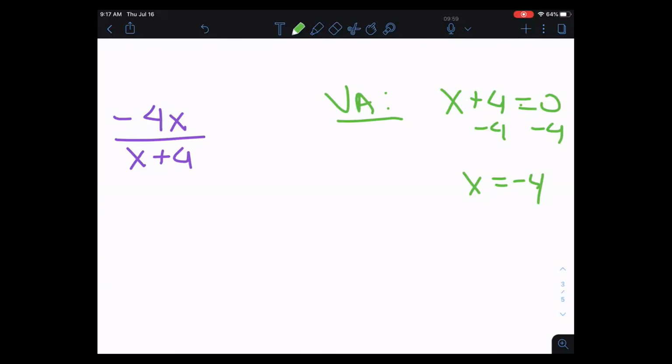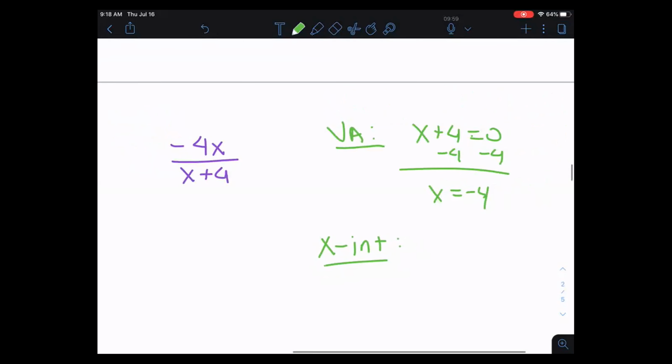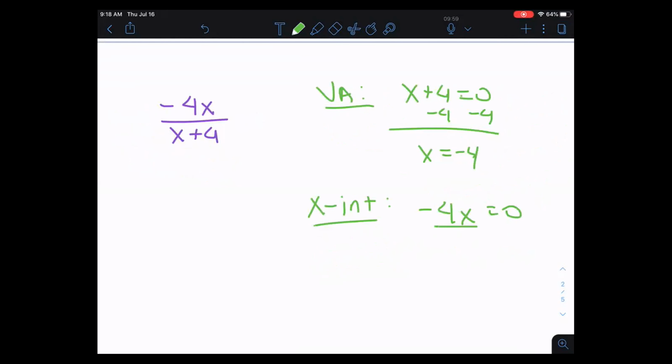And now we're also going to be looking for our x-intercepts. For the x-intercept, what do we have to set equal to 0? In this case, we're going to set the numerator equal to 0. So we're going to set negative 4x equal to 0. If we divide by negative 4 on both sides, we're going to have that our x value is equal to 0.